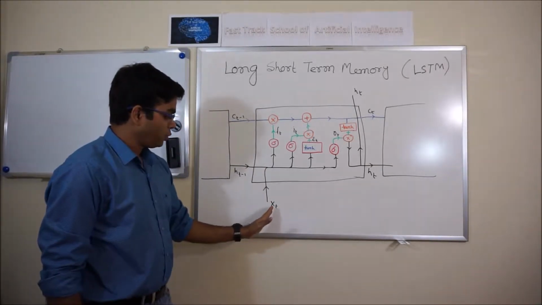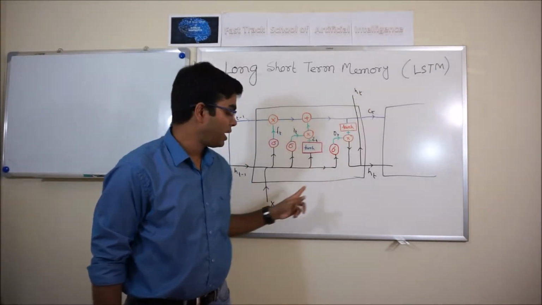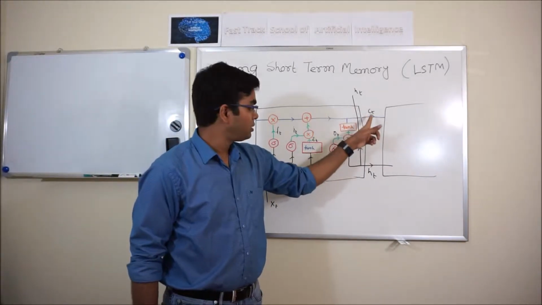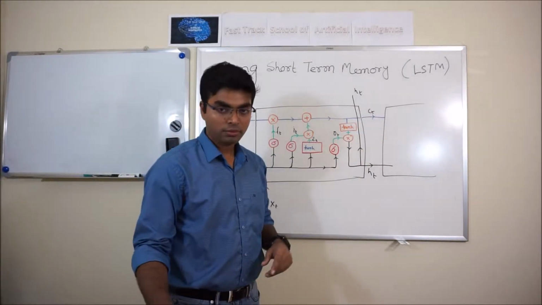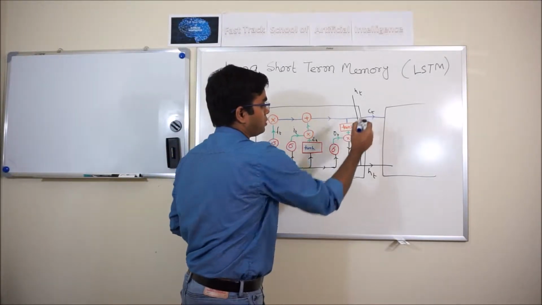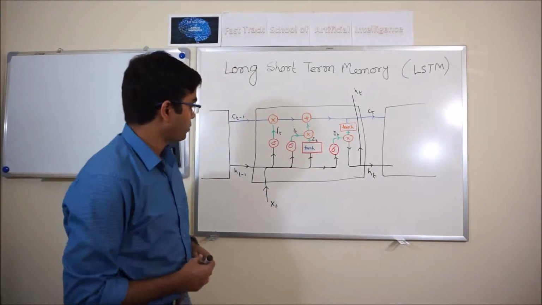It is taking one input xt, it is producing one output ht, and it is creating one cell state, that is ct. ct is nothing but the memory which we were talking about previously.